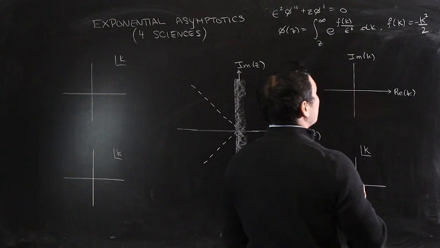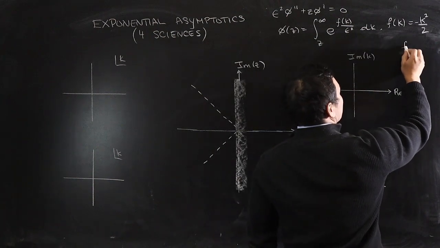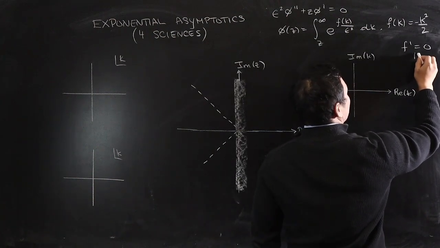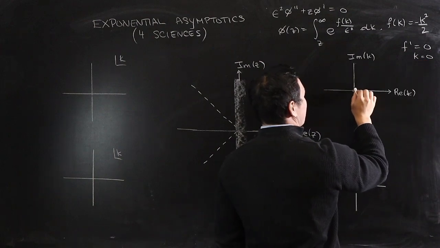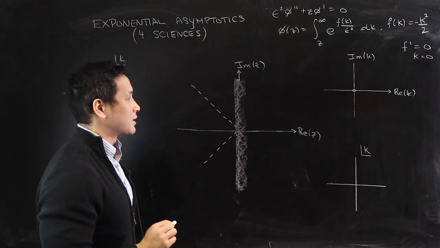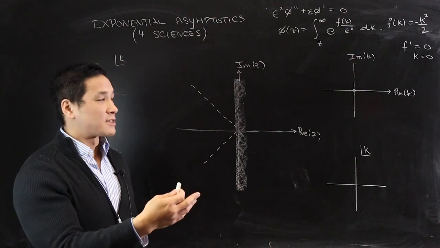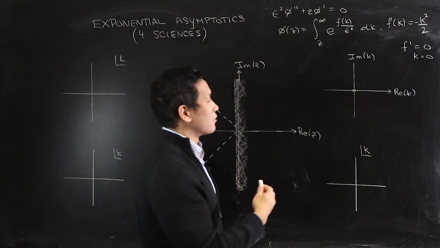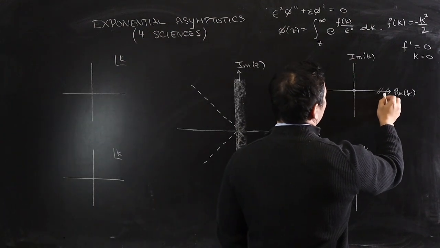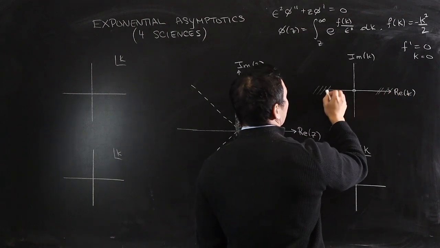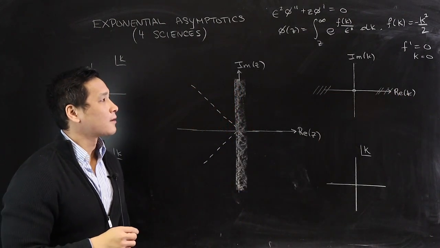The function f has a saddle point, so f prime is equal to 0 at k equals 0. So we know that 0 is going to be a special point to be considered. The function is such that it decays at positive infinity and minus infinity. So these are valleys in the function, so I often shade them hatched for a valley.